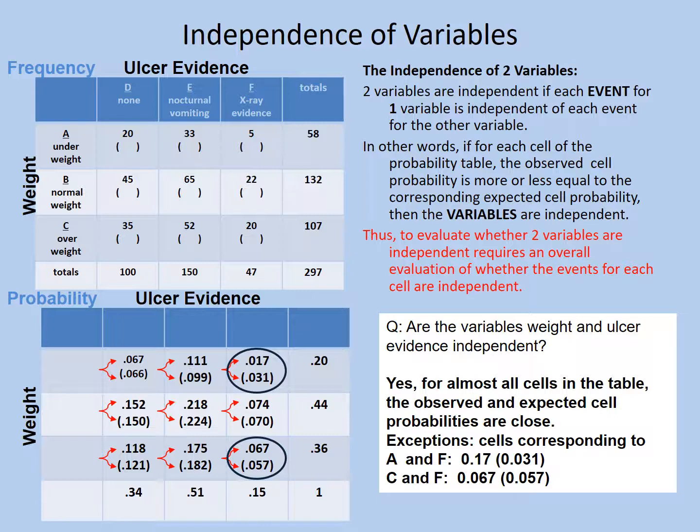Cells corresponding to the intersection of the events A and F give an observed probability of 0.17 and an expected probability of 0.031, which are somewhat different. And the cell corresponding to the intersection of C and F gives an observed cell probability of 0.067 compared to an expected cell probability of 0.057, which is also somewhat different.